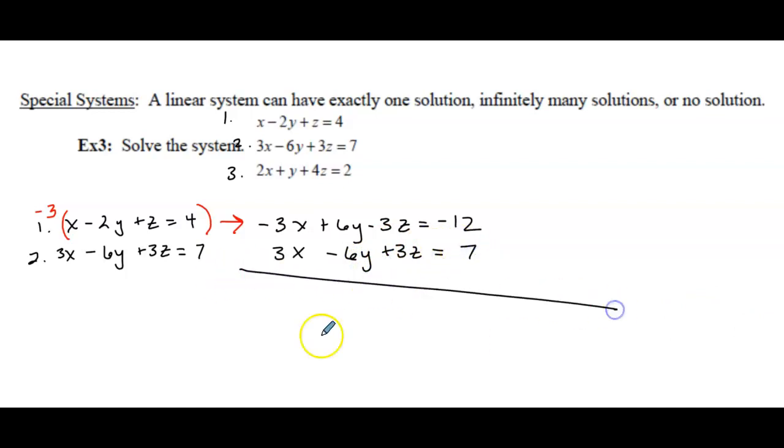Now you can see we have a problem here because x's cancel, y's cancel, and z's cancel. So 0 is on the left-hand side of the equation. On the right-hand side, when you add the two equations together, you get negative 5. Because this is not true, my solution to the system is no solution for example number 3.